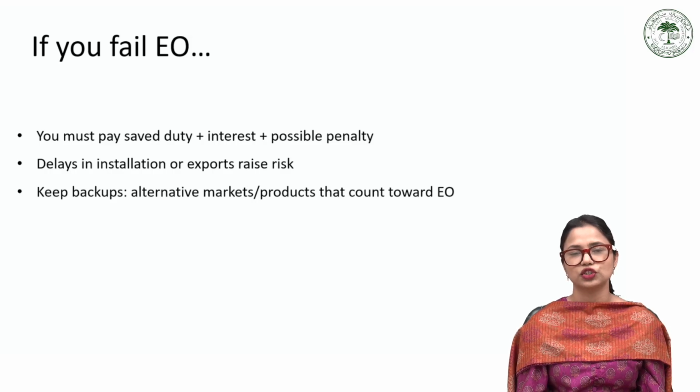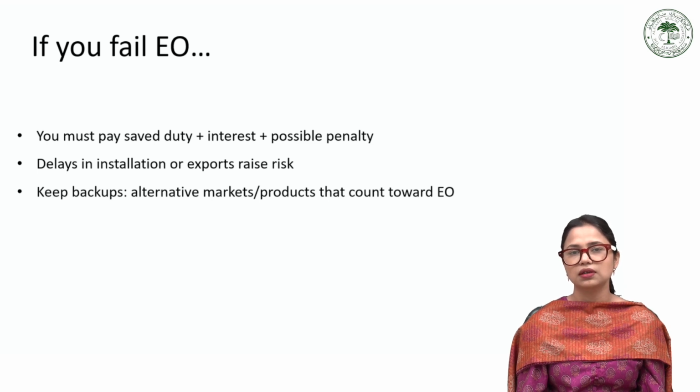Delays in installation or exports raise risk. If you have already imported a capital good or machinery for use in exports of the goods, and there are delays in installation of that particular machinery, it might call the attention of the authorities.